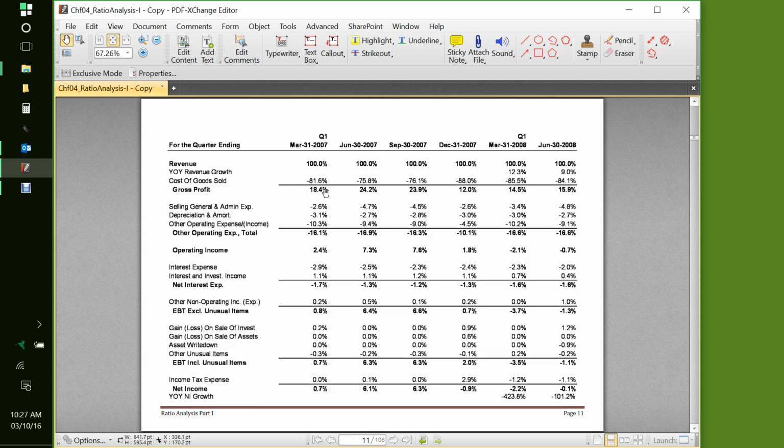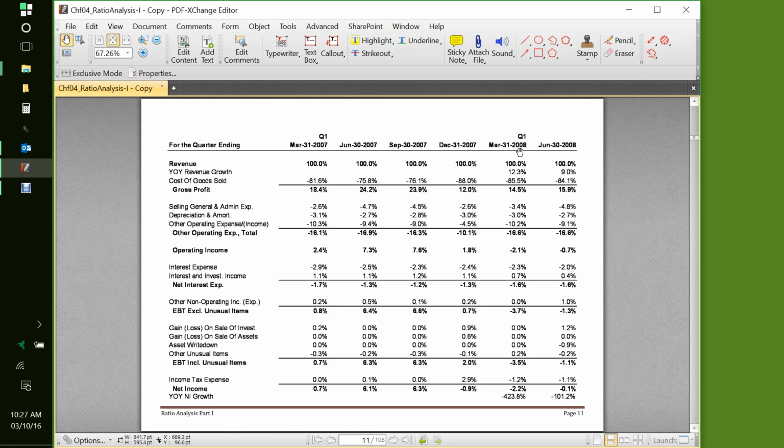And one thing you can see relatively quickly, we only have 6 quarters, so we can't compare too much, but if we compare June 30, 2008 with June 30, 2007, we see a 10% increase in cost of goods sold. That's a pretty whopping increase, okay?